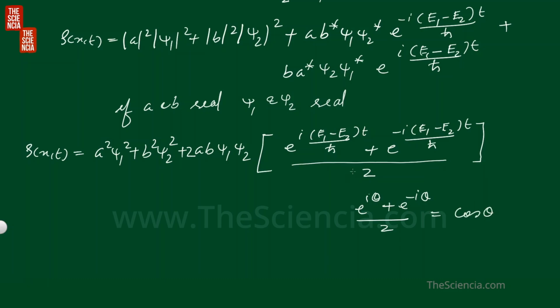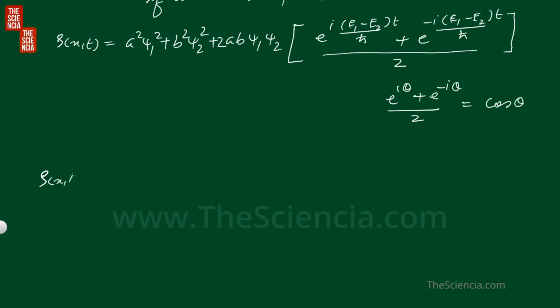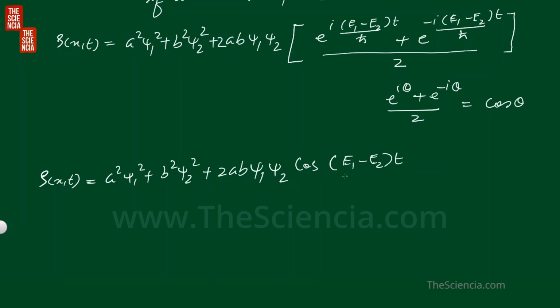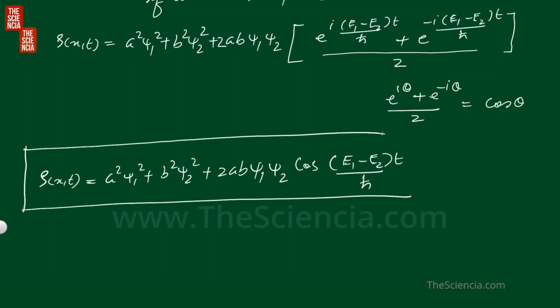So we can use this and rewrite this expression for probability density, that is rho of x,t is equal to a square psi 1 square plus b square psi 2 square plus 2 a b psi 1 psi 2 into cos of theta, where theta is (E1 minus E2) t by h cross. So this is the expression for probability density at time t.